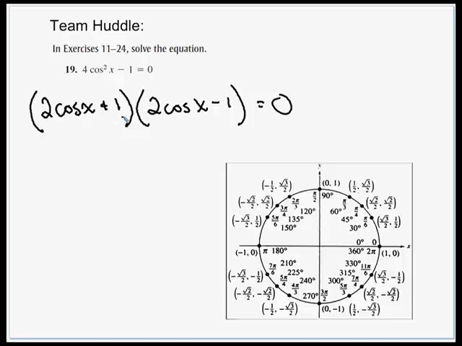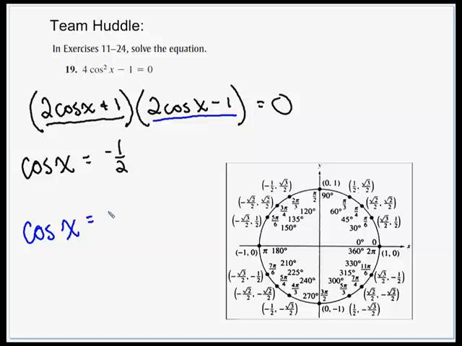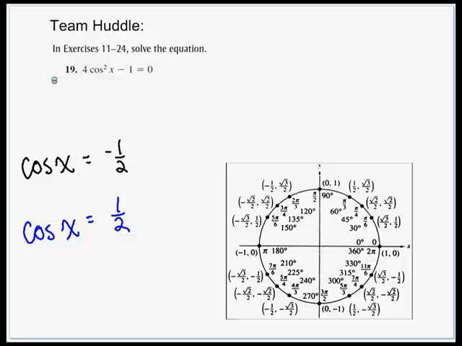And if we set the first term to 0, we would subtract 1 from each side and divide by 2. And get the cos of x equals negative a half. And then here, if we solve this equal to 0, we would add 1 to both sides and divide by 2 and get cos of x equals positive a half. And you know, that's the exact same thing we would have got if we would have extracted the square roots.